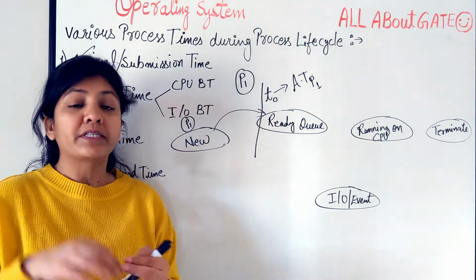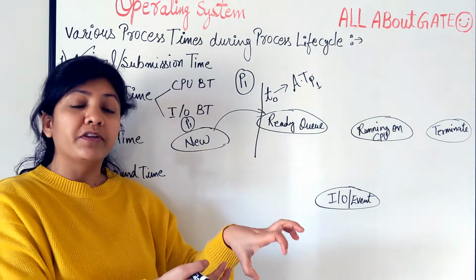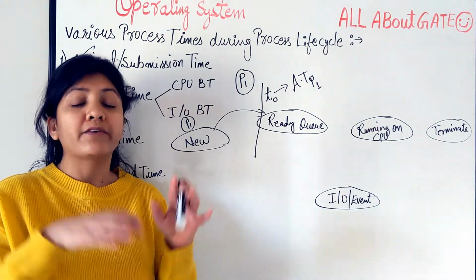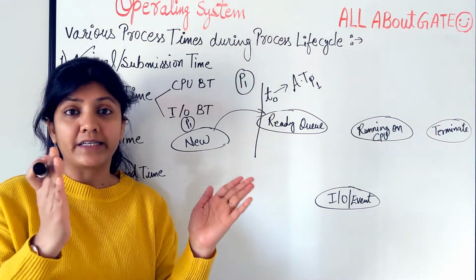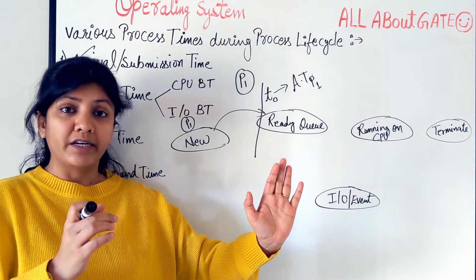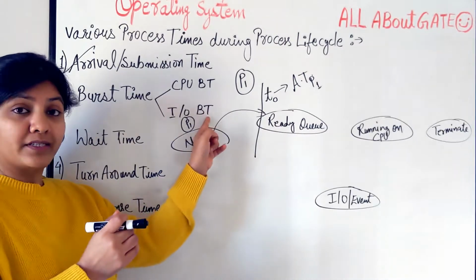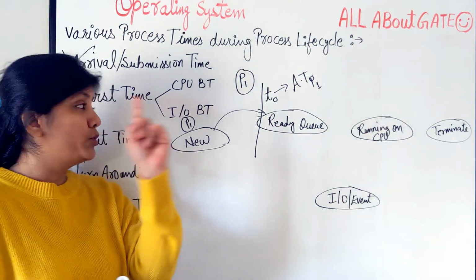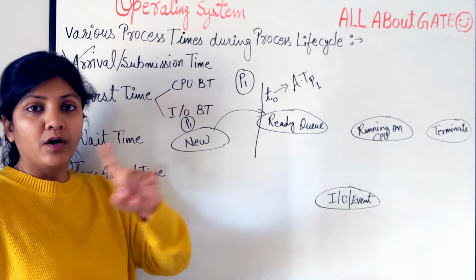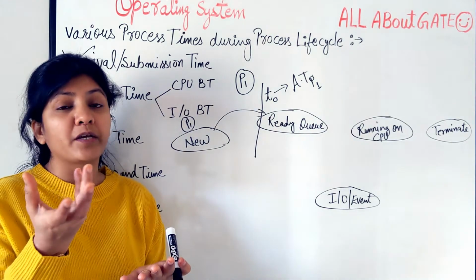Absolutely correct, but this is exclusively for the CPU and that is exclusively for the input output operations. We do not get into very minute details, but we can still categorize: whatever time is required for the input output peripheral devices becomes the input output burst time, and exclusively for instructions to execute on the CPU we need the CPU burst time. Most of the time, the burst time given in problems is the CPU burst time.